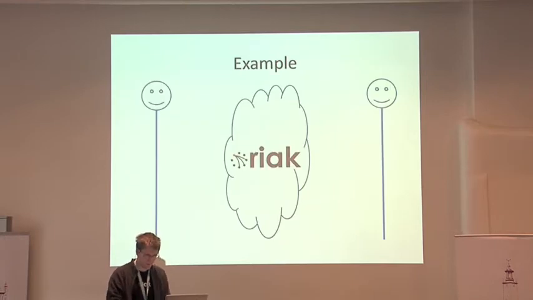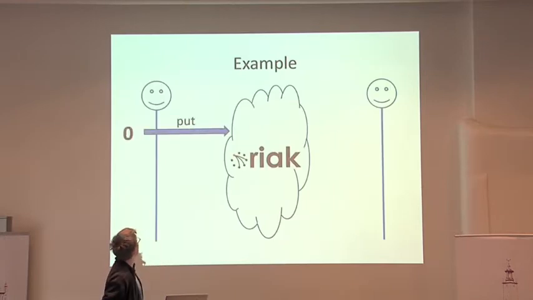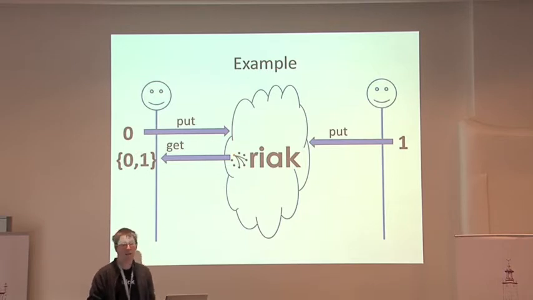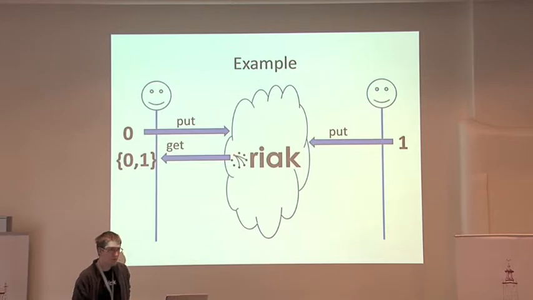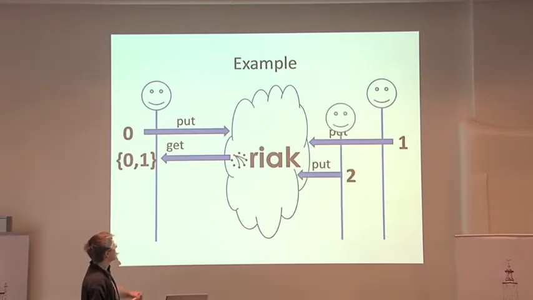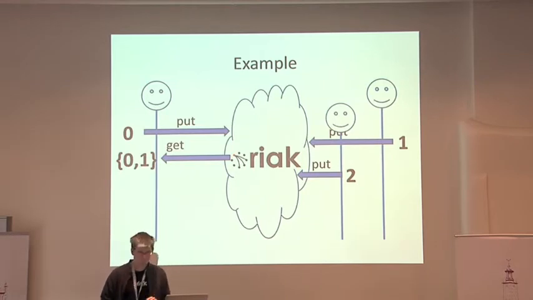All right, so example. First guy does a put, second guy does a put, first guy does a get. So we've got a conflict, so he's getting 0 and 1. There's a third guy, who does another put with 2.